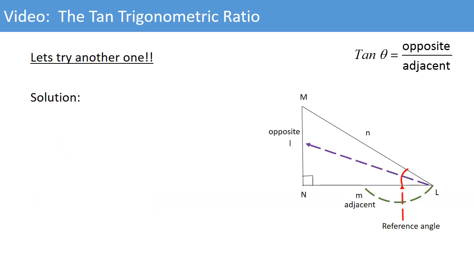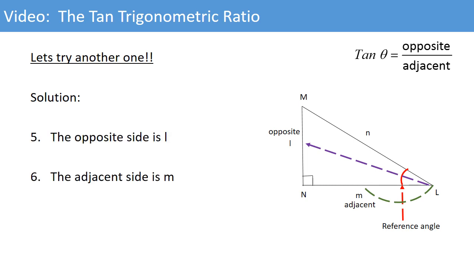Now, we've got the diagram. We know the opposite side is l. We know the adjacent side is m. So the tan of angle L, which is opposite over adjacent, is equal to l over m.